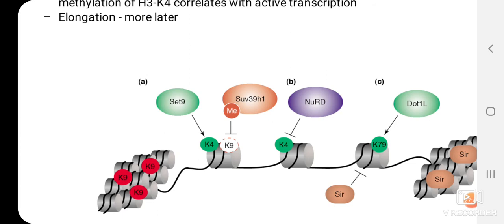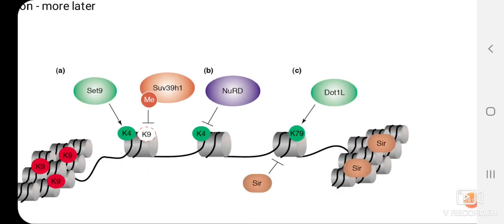On the other hand, Set1 methylates K4 and avoids K9 methylation. DOT1L methylates K79, and K9 methylation causes heterochromatin, while K4 methylation converts into euchromatin.